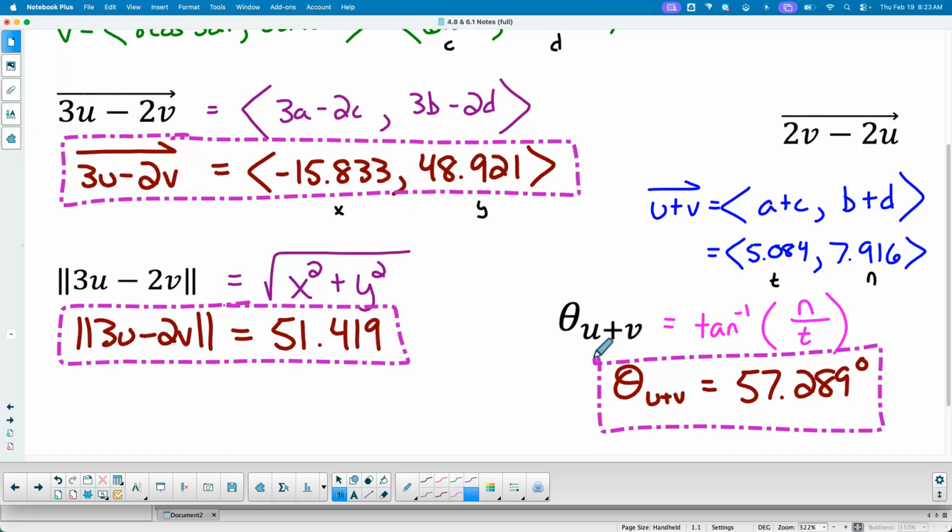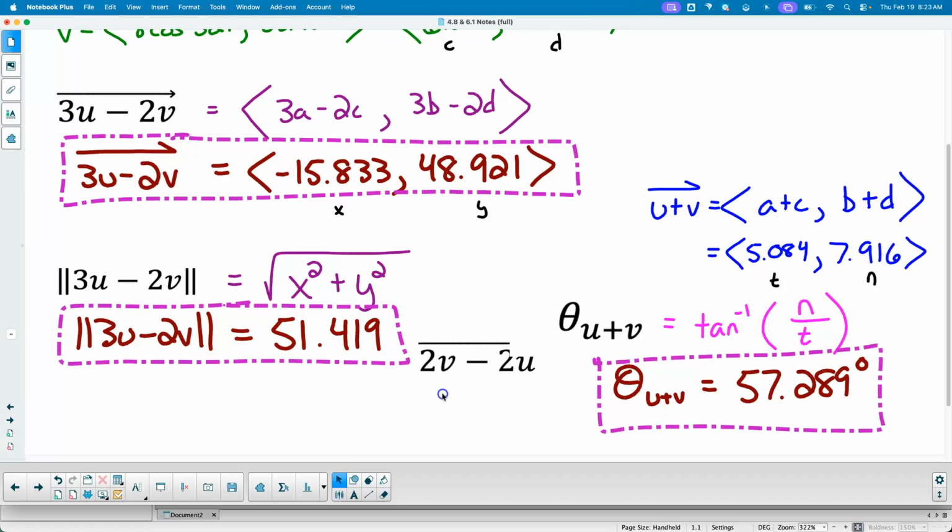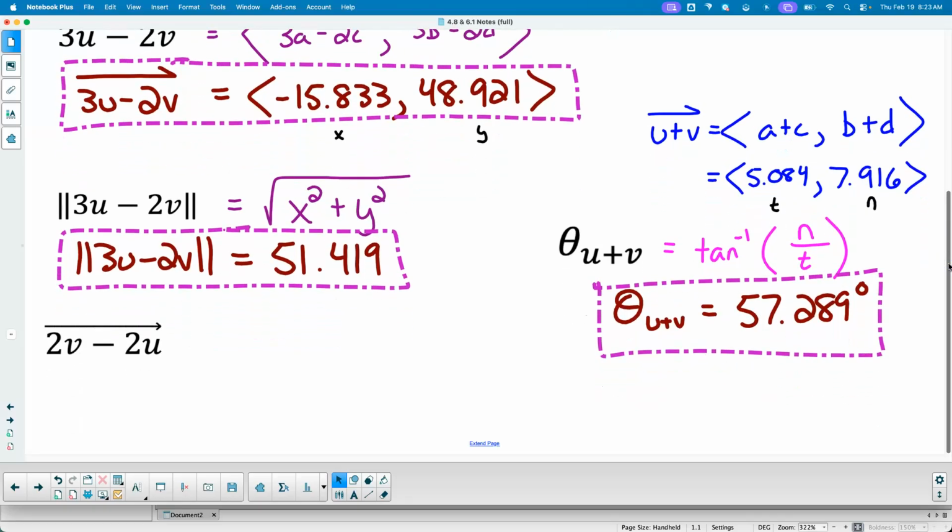All right? Now find me the component form of vector 2v minus 2u. You should have all of that on your calculator, so you should be able to do that one relatively quickly.